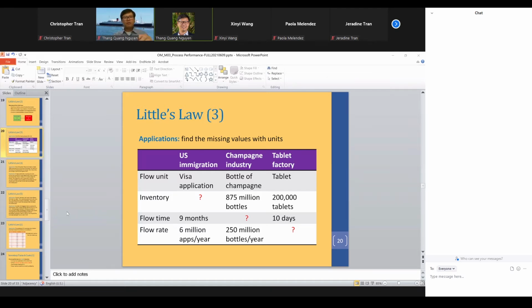Inventory equals the time times the rate. First, we looked at slide 20, where we see 3 examples: the U.S. immigration example, the champagne bottles, and the tablet factories. These are the basic examples because they already tell us 2 metrics, and then we just infer the 3rd metric. So it's kind of straightforward.